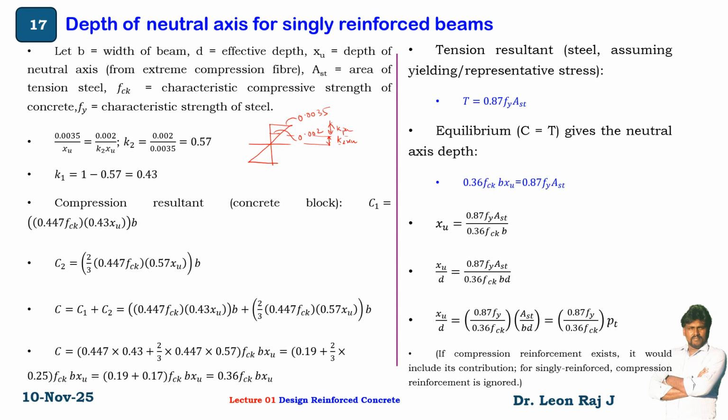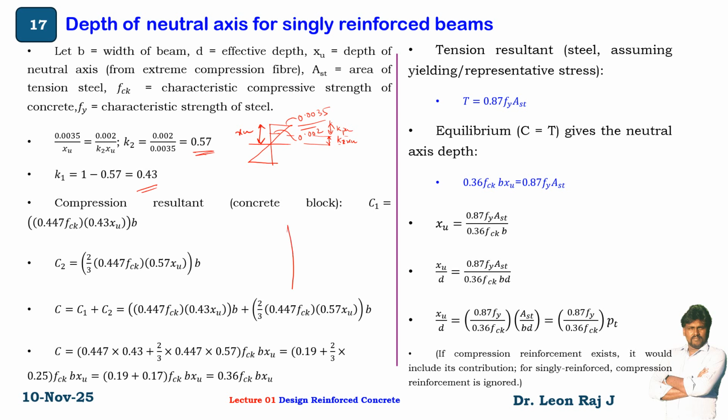So 0.0035 divided by XU, this is the total length, is equal to 0.002 divided by K2 into XU. So you will get K2 as 0.57, K1 as 0.43, and compressive stress blocks.